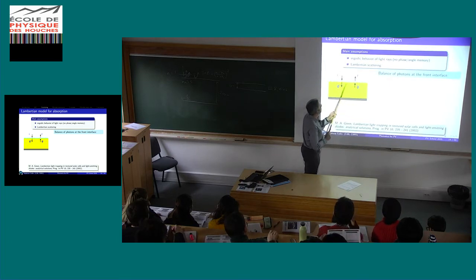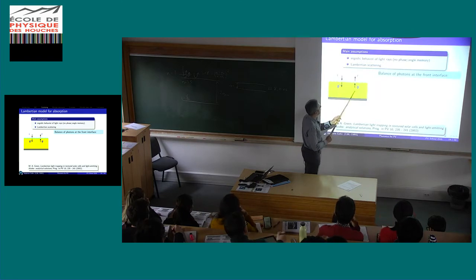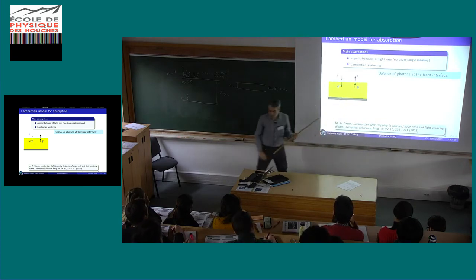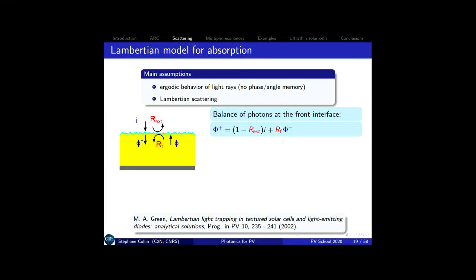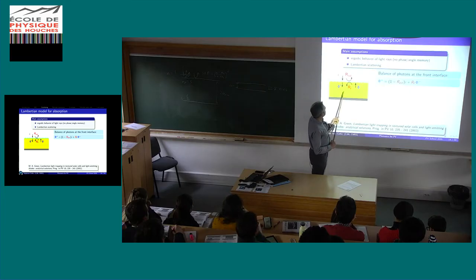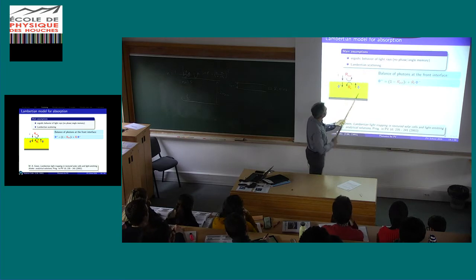You will have light absorption and light traveling in the cell. You will have light back in this direction and eventually reflection. So we first write this guy as a function of incident light and the flux you have here.